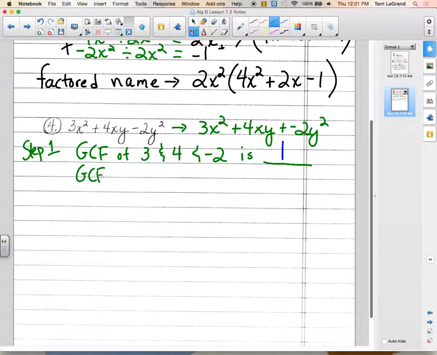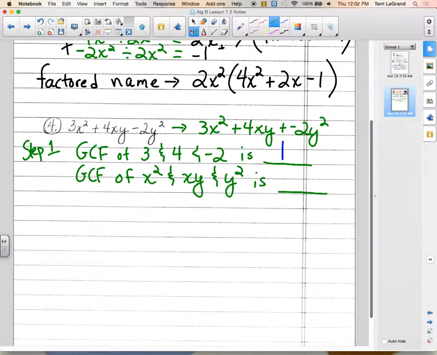GCF now are the variable parts. So we have our x squared and our xy and our y squared. Remember, whatever we decide it is, it has to be able to be divided out of all three of them.